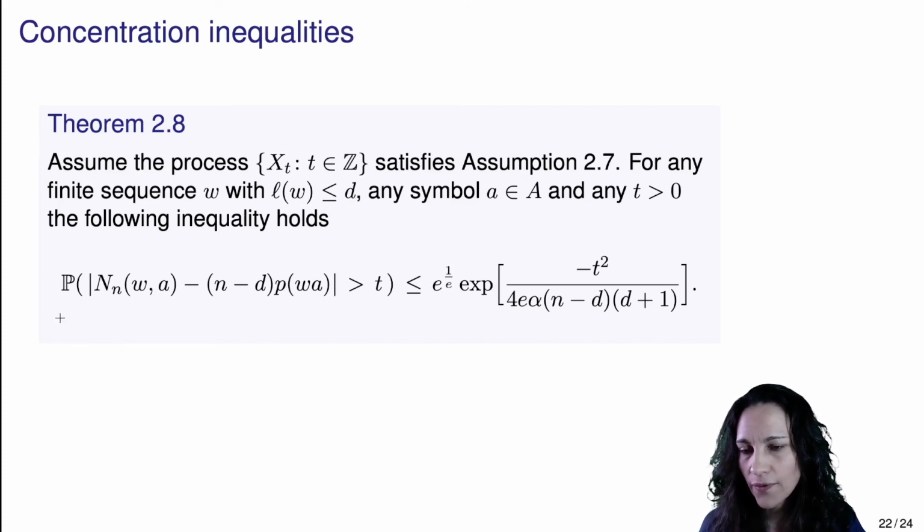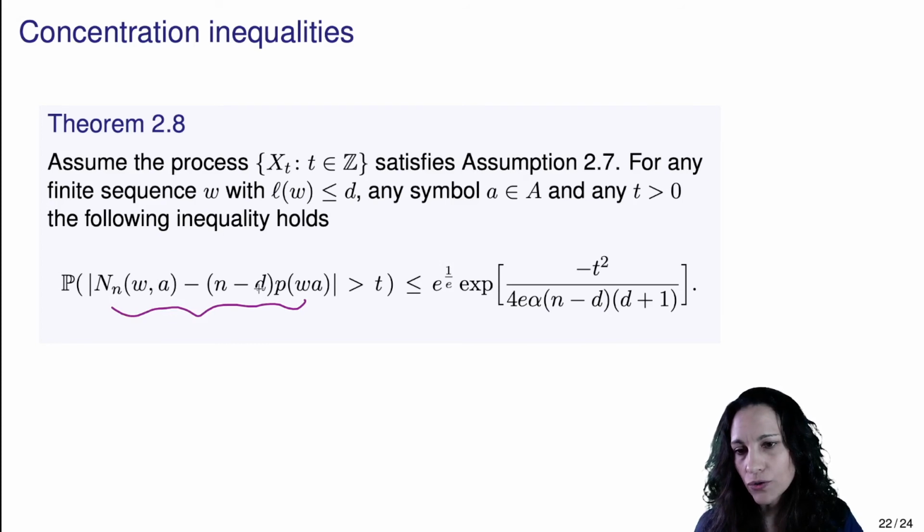So here we have the difference in absolute value between the counter, the number of occurrences of W followed by A, minus n minus d, so the length of the sequence where we are counting these occurrences, times the stationary probability of seeing this sequence WA.